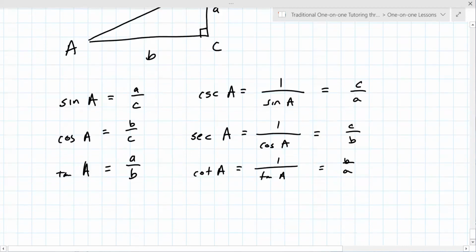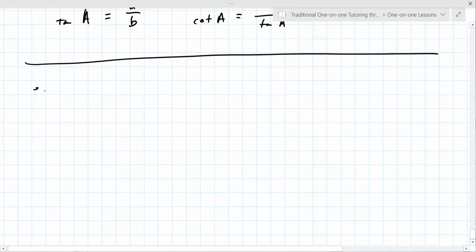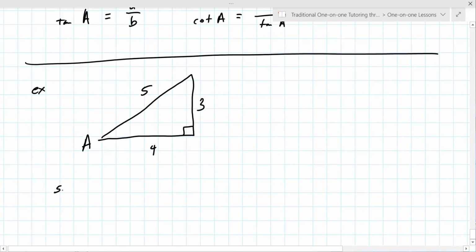Let's see here. An example of this is I give you a triangle. I tell you that this is 3, this is 4, and this is 5, and this is A. And I ask you the sine of A. The sine of A is the opposite side, 3, over the hypotenuse 5.